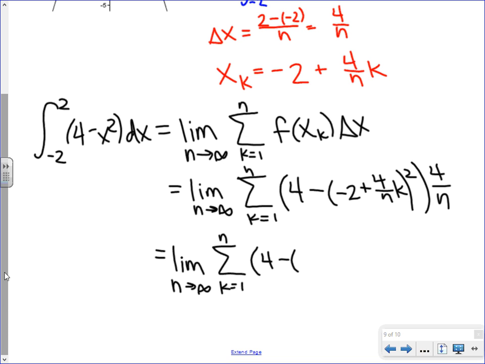When we FOIL it out, we should get 4 minus, when we take our outside and inside product, we get negative 8 over nk twice, which is negative 16 over nk. And then when we take our last product, we get 16 over n squared k squared.